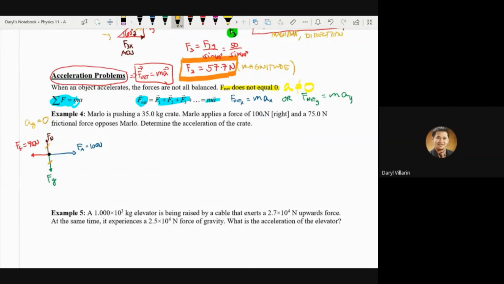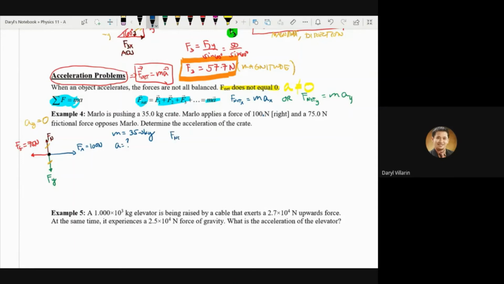So essentially, the acceleration is just along the x-axis. The mass of the crate is 35.0 kilograms. You have two forces and you want to solve for the acceleration.